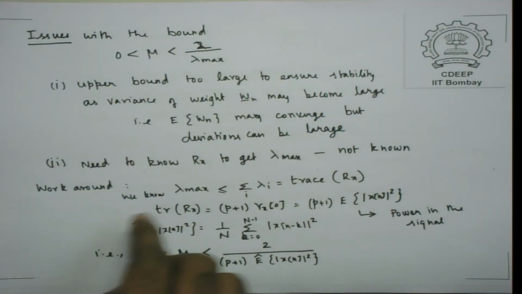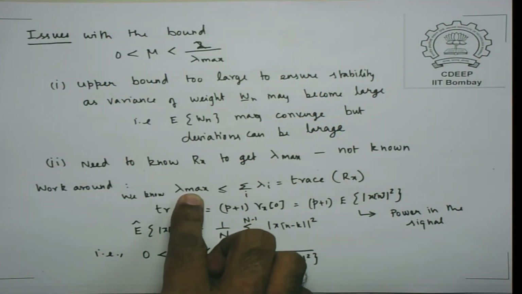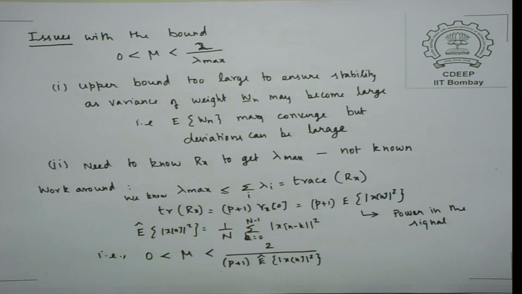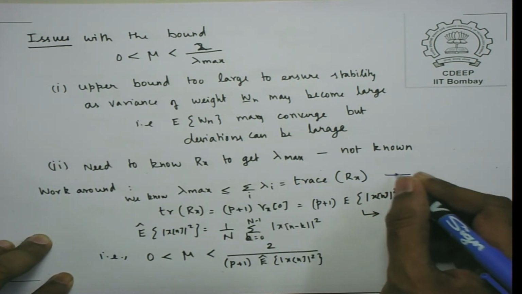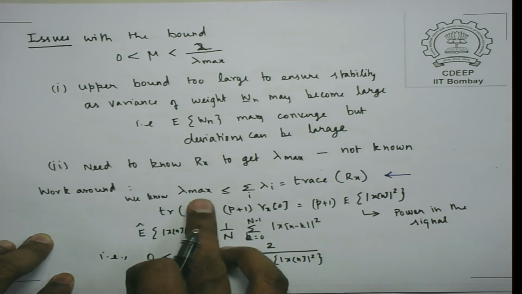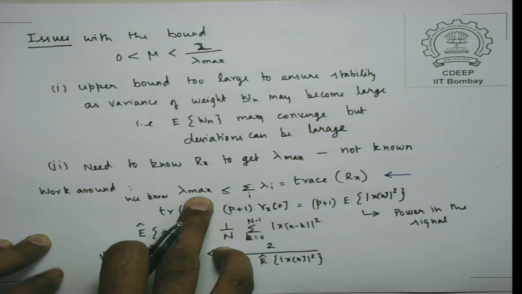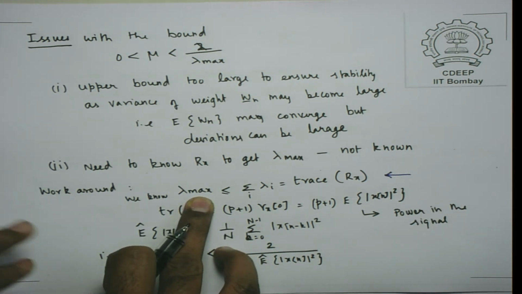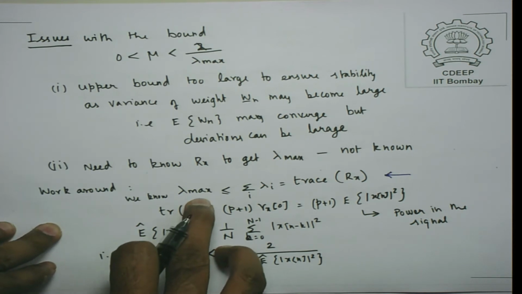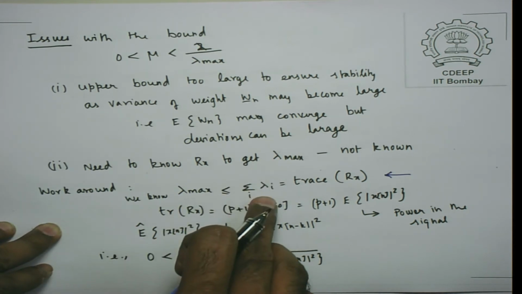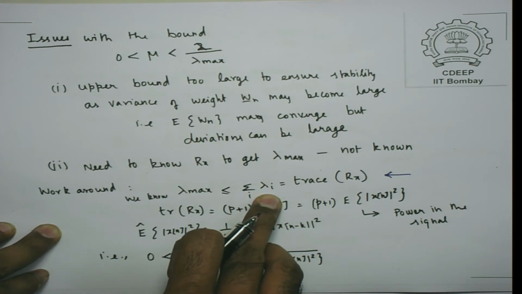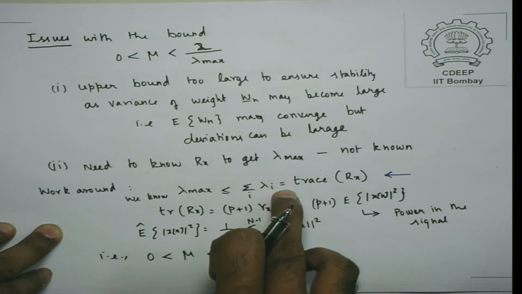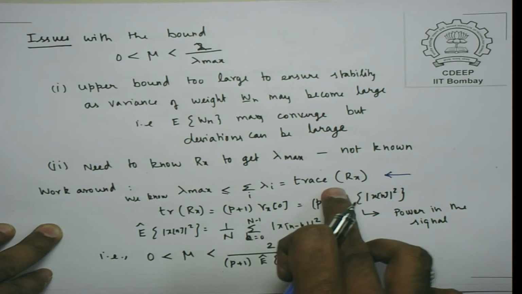We bound this lambda max by this term here, which from linear algebra is well known. Assuming the autocorrelation matrix is more or less well conditioned, this lambda max is upper bounded by the sum of all the eigenvalues, which is equivalent to the trace of the autocorrelation matrix Rx.